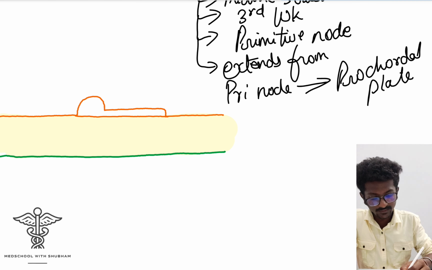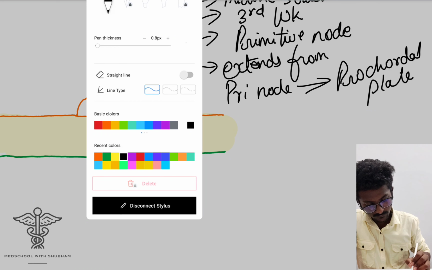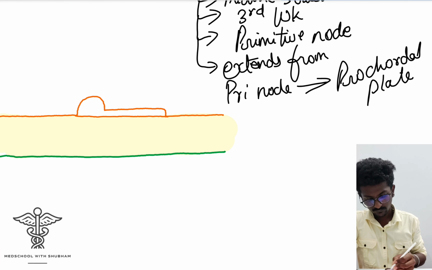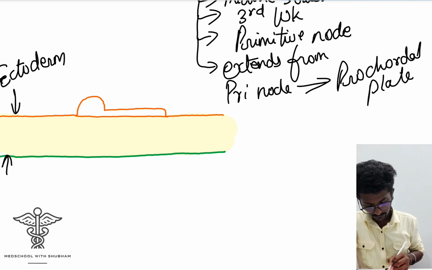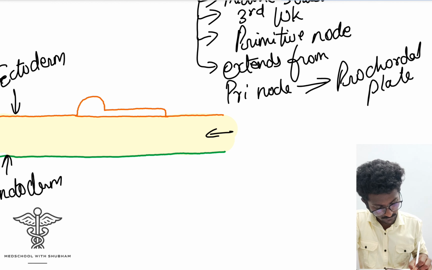So let me name all these structures. This is the ectoderm, this is the endoderm and this is the mesoderm.